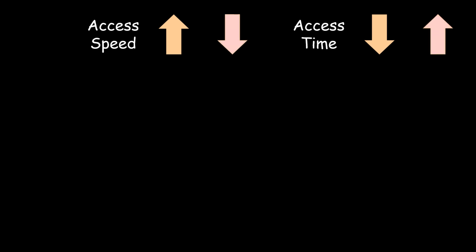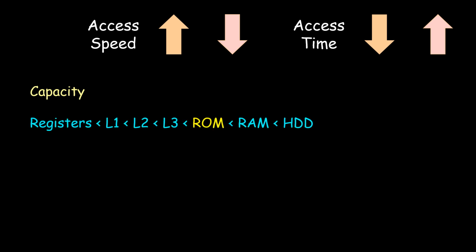One thing we should know is that when the access speed increases, the access time decreases. When the access speed decreases, the access time increases. So when we order the memory components in ascending order by capacity, we get the registers, the L1, L2 and L3 cache, and then the ROM, RAM, and lastly the HDD, or the hard disk drive.